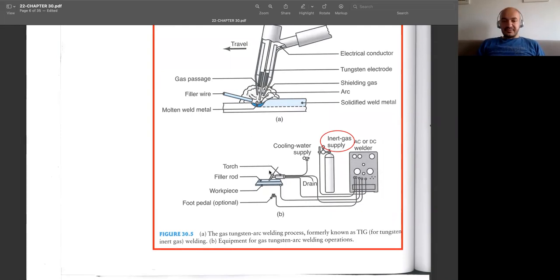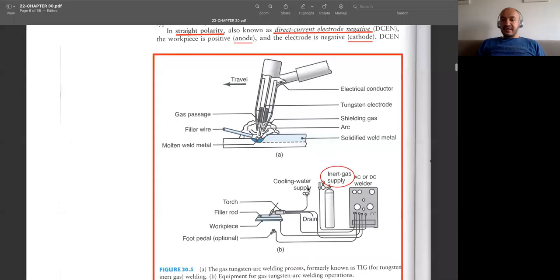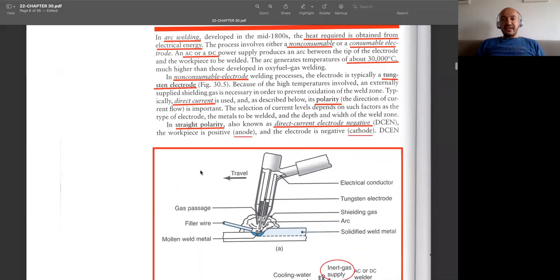And we have another extra thing here you see, which is cooling water supply. Since the temperature of this torch is quite high, we supply this water so that the temperature of the torch is around acceptable levels, and it can be used manually and the welding can be done.